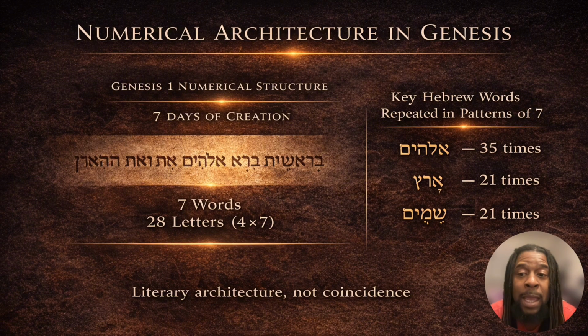The word Elohim appears 35 times. The words heavens and earth each appear 21 times. This is not accidental repetition. It is literary architecture. The author is structuring the text numerically to reinforce the theme of cosmic order. Once we recognize that biblical authors use numerical structure intentionally, we can examine later patterns in the text without assuming they were accidental. Let us continue.